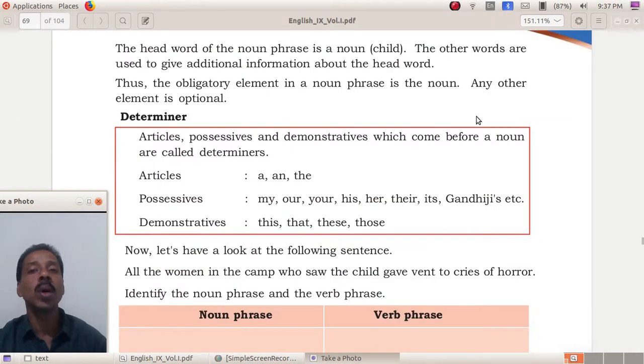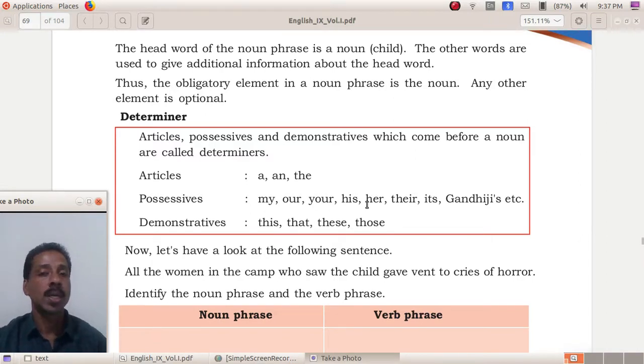So which are the words coming under determiners? Mainly three sections of words come as determiners. Which are the words? All the articles, a, an and the. Three articles are there. All these articles are determiners. Possessive pronouns. The possessive pronouns are given here. I think you are familiar with these words.